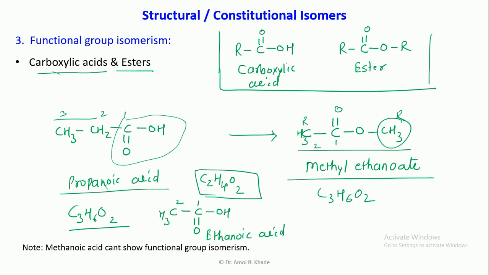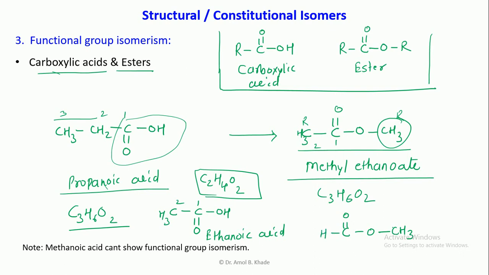So can you convert this ethanoic acid into its ester? Again, for ester functionality I told you we should write C double bond O. Then what remains? 1 carbon we have already accommodated, then 1 more carbon is left, so I can write CH3 here, and then 1 H can be written here.